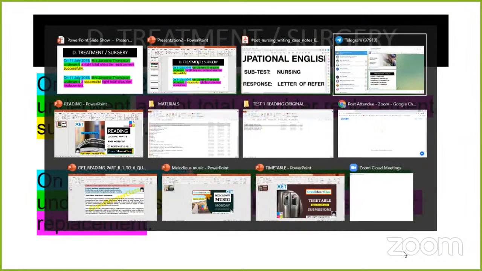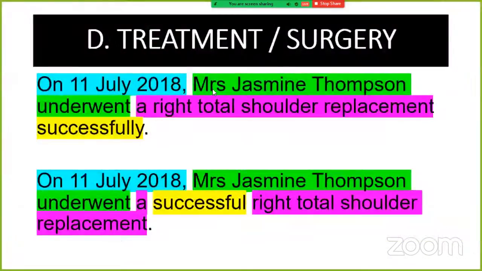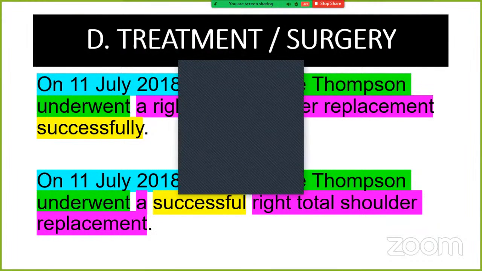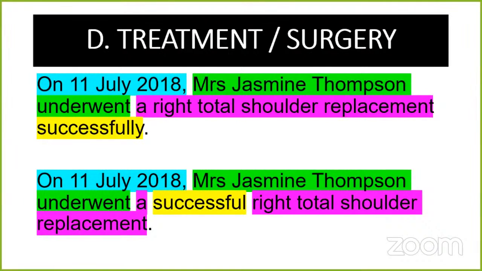And post it here in the chat box. Write one sentence in a similar fashion, one sentence of your own. Take the name of the patient, change the name, change the body part. Whatever you want, take your own style and write one sentence in both the forms.